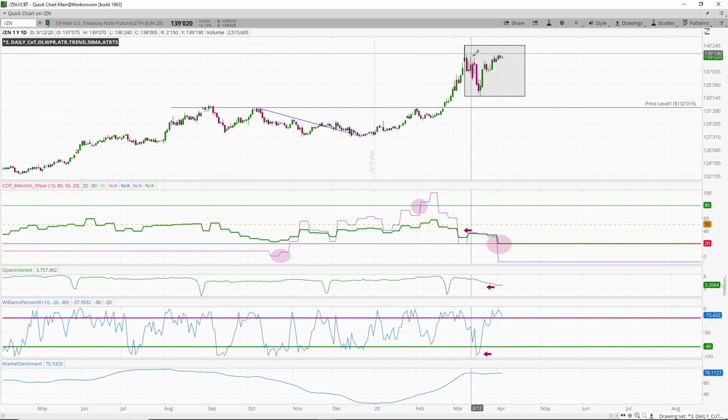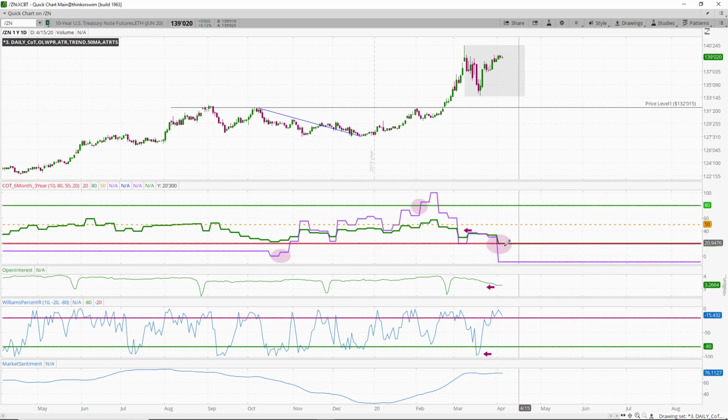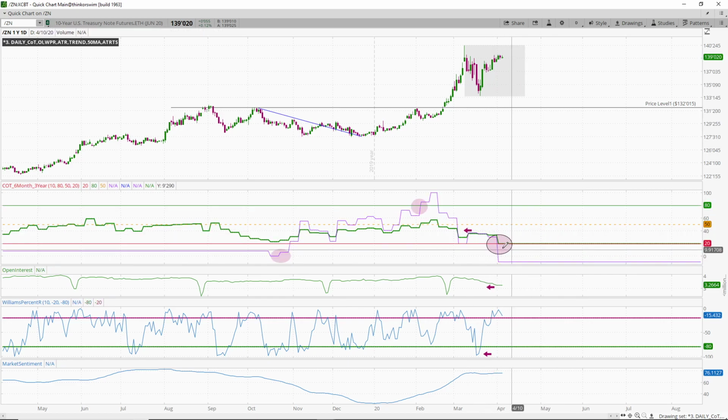So could we have a case for a little bit of a retrace here, and can we be on the money? I think I might play notes this week. I think notes have got to be on the radar with comms holding this bearish outlook. We like to see this diminish. So this jives with it: diminishing open interest, WPR in the overbought territory, and market sentiment really high.